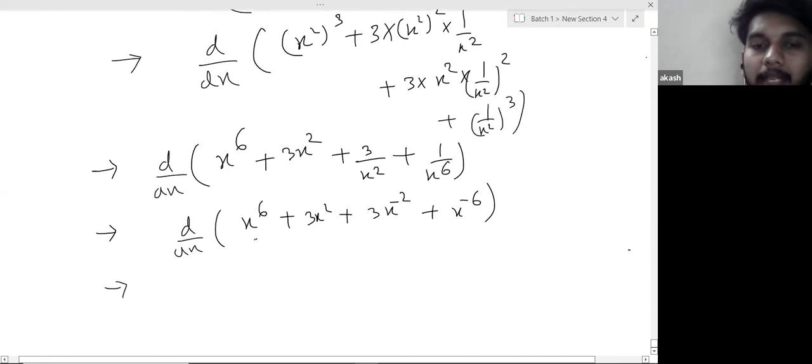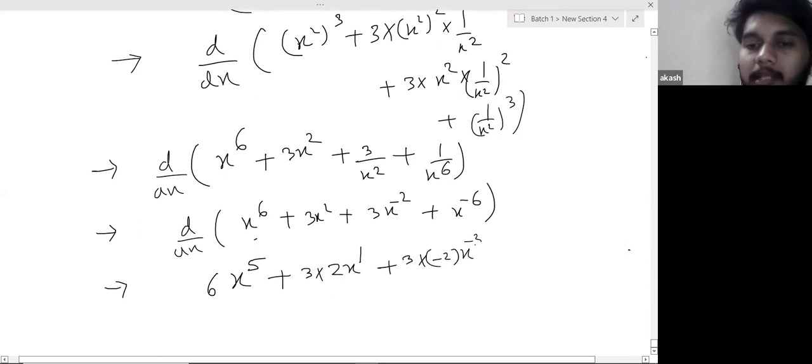So differentiation of x raised to the power 6 is 6 x raised to the power 5, 6 minus 1, plus 3 into 2 x raised to the power 2 minus 1, so 1, plus 3 into minus 2 x raised to the power minus 2 minus 1, minus 3, minus 6 x raised to the power minus 7.